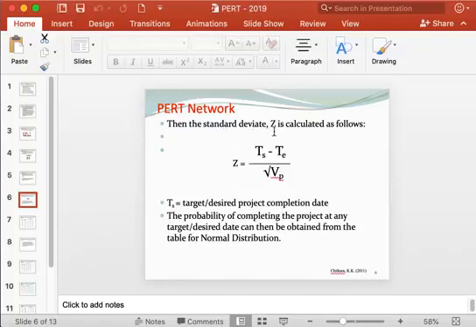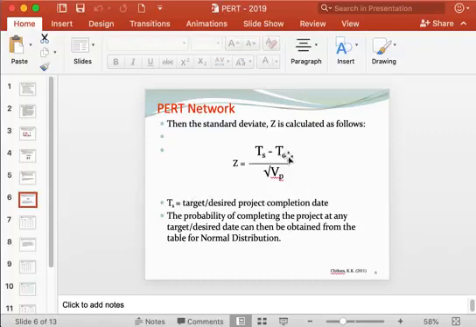Then after that we can calculate what is called the standard deviate using this formula: Z equals TS minus TE over the square root of VP, where TS is the target project completion time, which is given by the management.